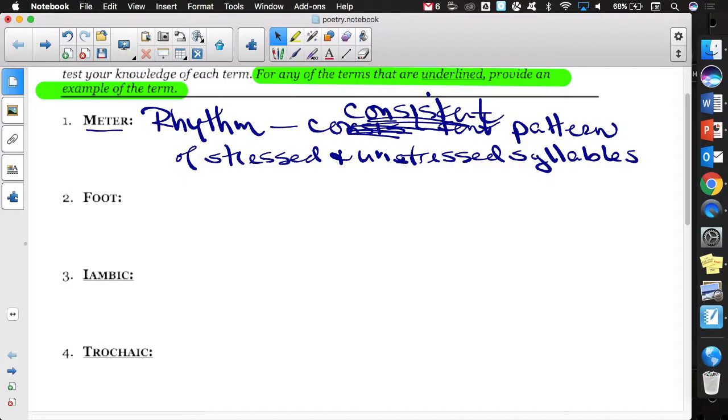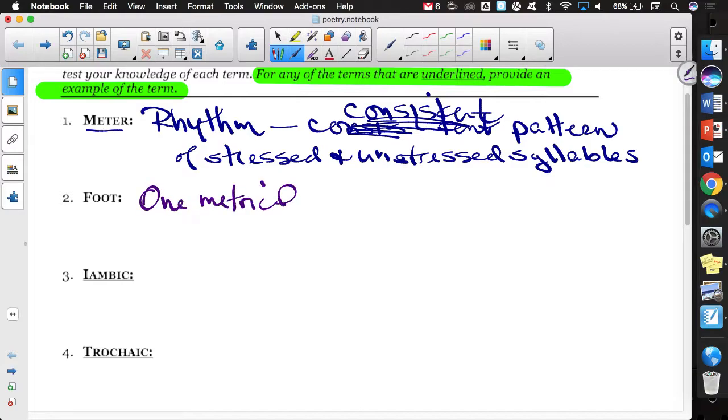A foot is related to the rhythm, where a foot is like a singular metrical unit. So there's a pattern that would be taking place within a meter. A foot is one segment of that pattern. So it's literally, and we'll go into examples of it, one metrical unit of a poem's meter.